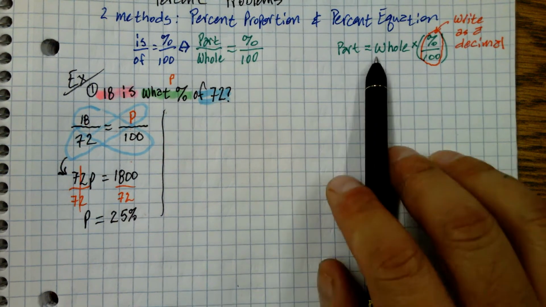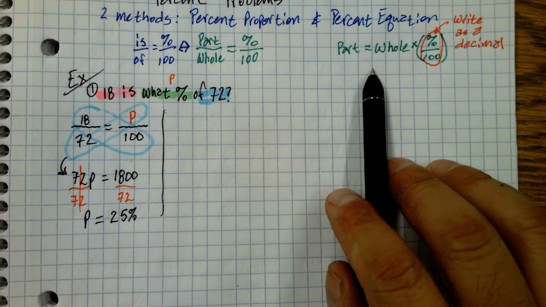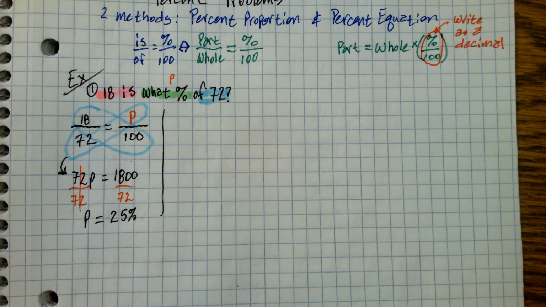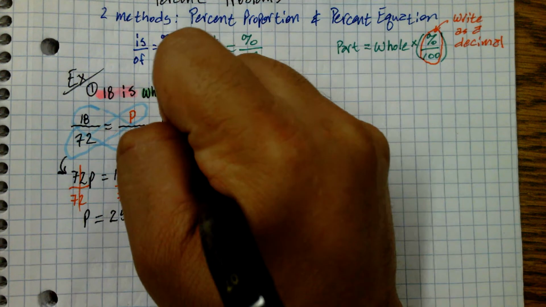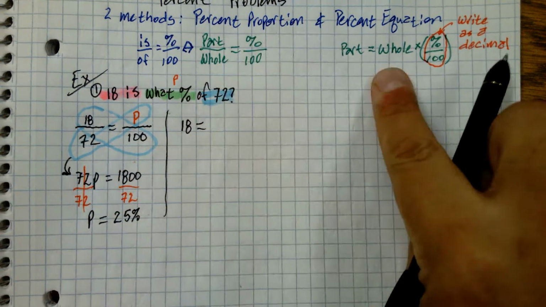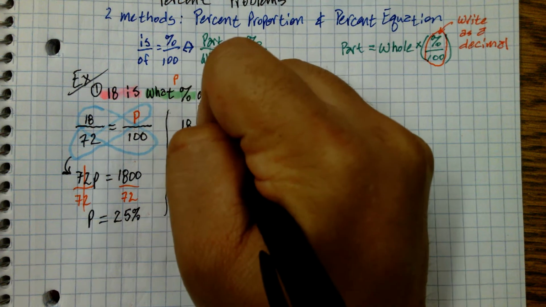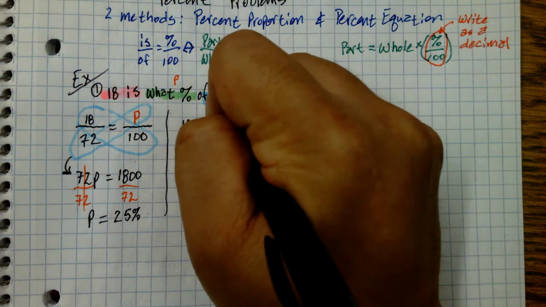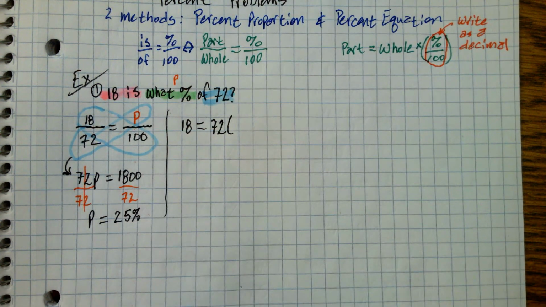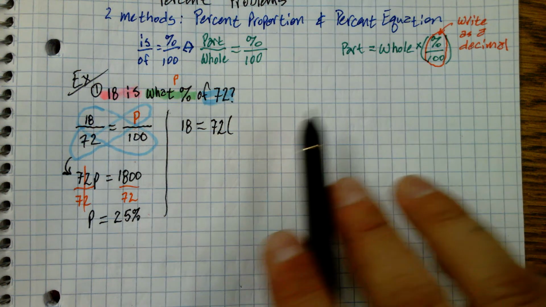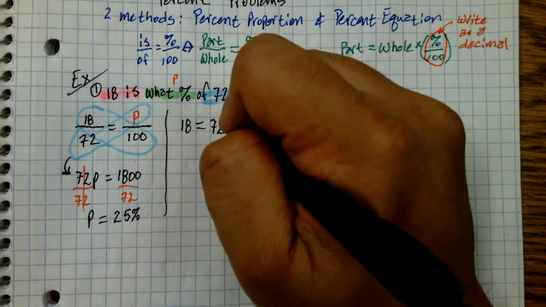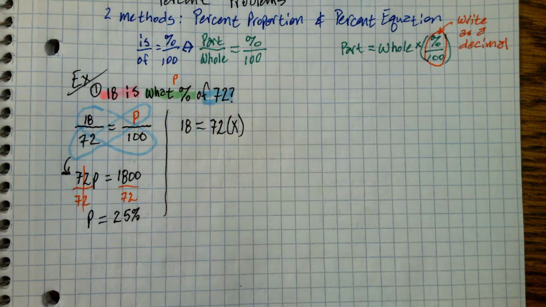All right, so now we're going to use this one where we want our part. And which one was our part again? 18. So it's 18 equals, the whole was 72, times, I'm going to use parentheses to multiply. You can use whatever you want. X. Well, it's 72x.